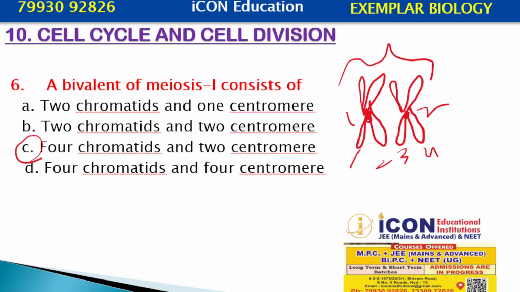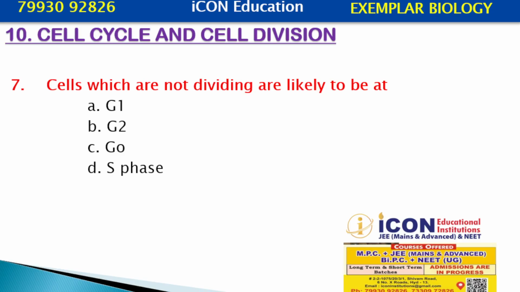Question number 7. Cells which are not dividing are likely to be at which stage? They are likely to be at G0 stage, which is also called the quiescent stage. Though the cells exit the G1 phase, they are metabolically active.